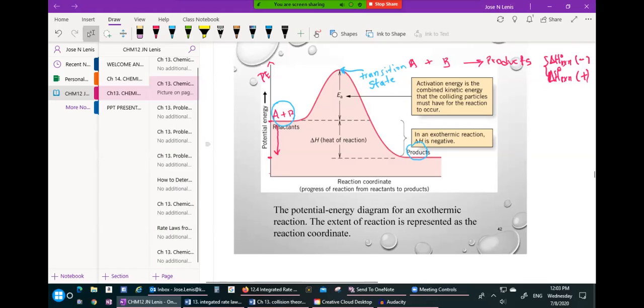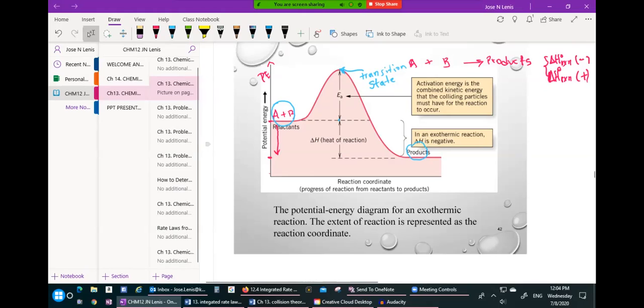And the difference of energy between this transition state, this maximum, and the potential energy of the reactives is what we call the activation energy. It's a minimum of energy needed.